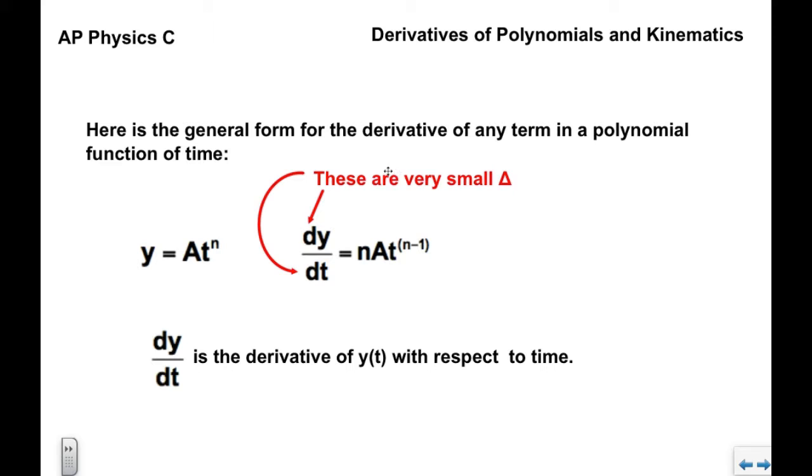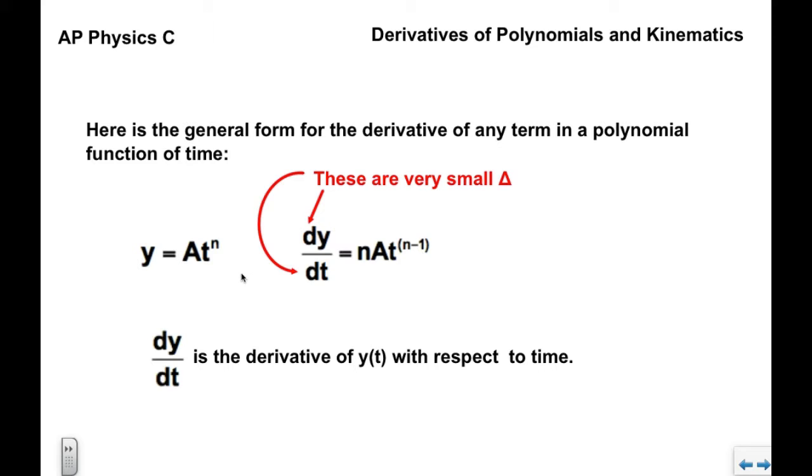Okay, they indicate very small deltas, very small changes. So you might recognize delta x over delta t as a velocity function. If this y were a position function, and we say that y equals a times t to the n, dy dt is a very small change in the function over a very small change in the time.